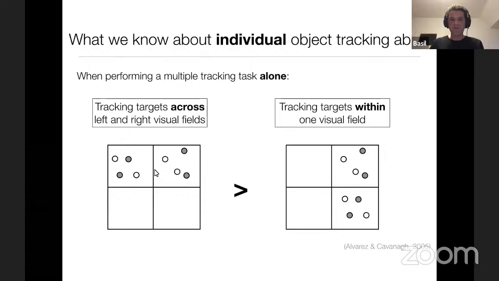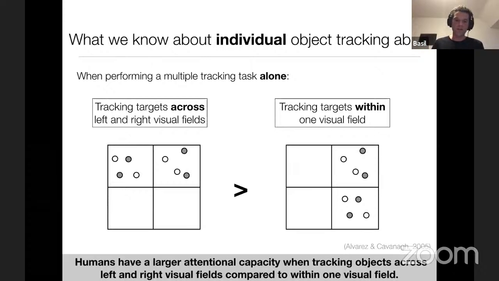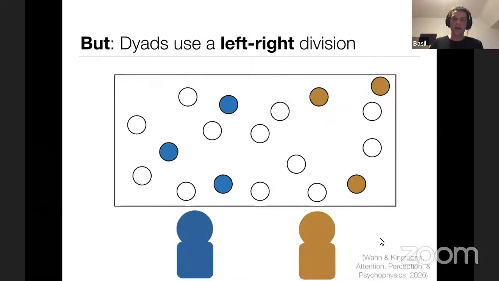Apparently, here you have more attentional capacity available than when you track only within one visual field. Right. So if we now go back to this left-right division example that we attained in the earlier study, and we put in these quadrants, then it actually looks like the participants do not use their labor division or their attentional capacities optimally.